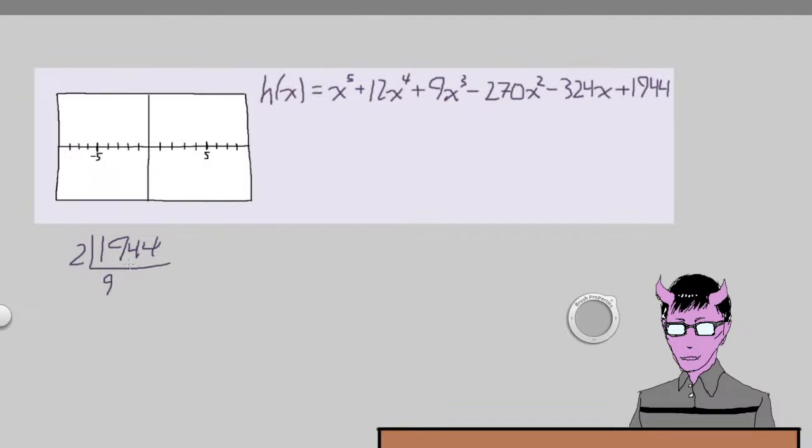So it's going to be 972, yes. It's again divisible. Can we put 4 in here? Yes, we can put 4. So let's divide by 4. So we're going to get 243. This is divisible by 3, because if you sum the digits, you get something divisible by 3. So therefore, this whole thing is divisible by 3. So divide by 3 is 81. Oh, yeah, good stuff. So that's just 9 times 9.